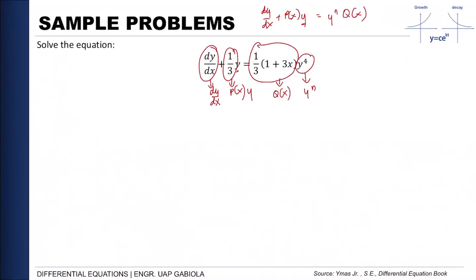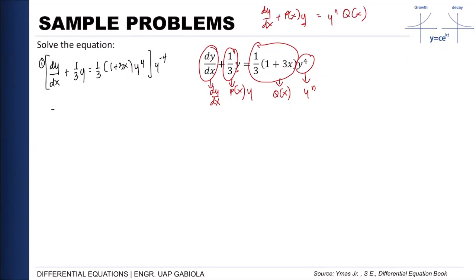Once we identify that, what we need to do is move y^n to the other side, or multiply our full equation by y negative n. So we have 1/3 (1 plus 3x) y to the 4th. Then multiply both sides by y negative 4.